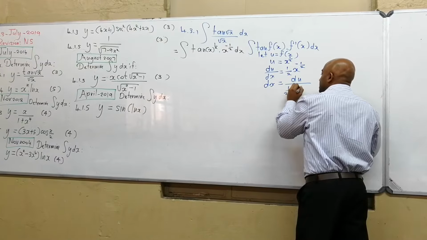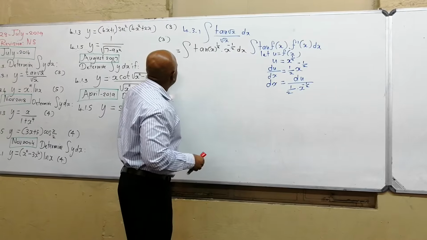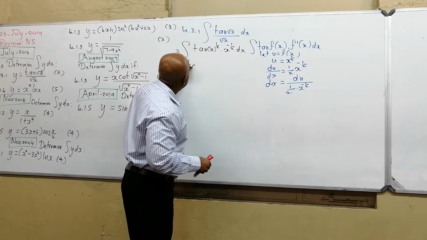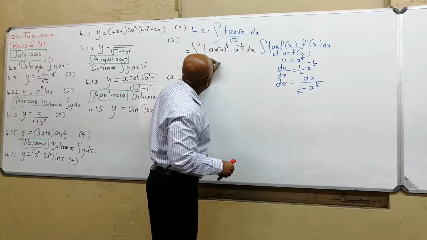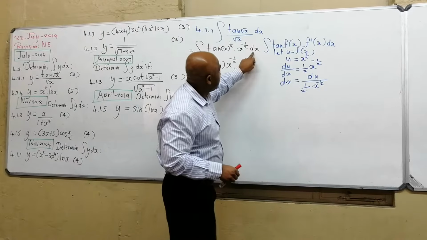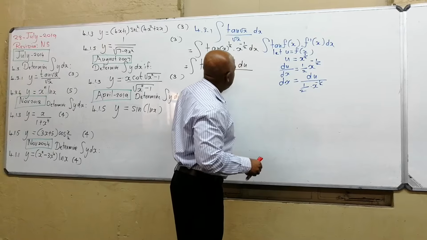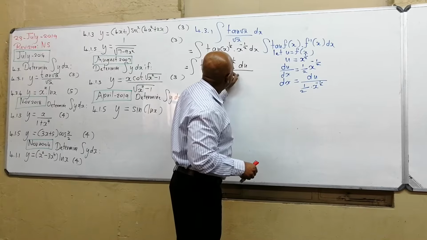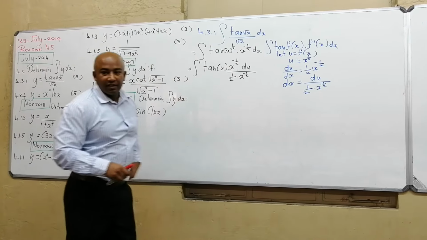Okay, so now if I substitute here, that's going to be tan of x to the power half, which is u, times x to the power minus half, times your dx there, which is du all divided by half times x to the power minus half. You can see that?